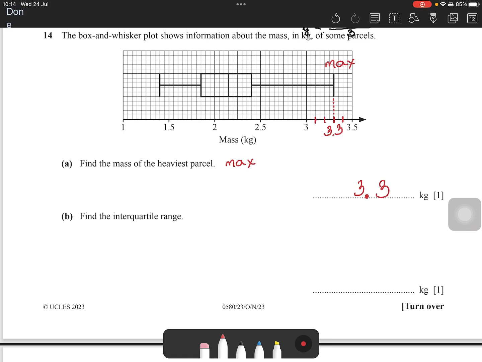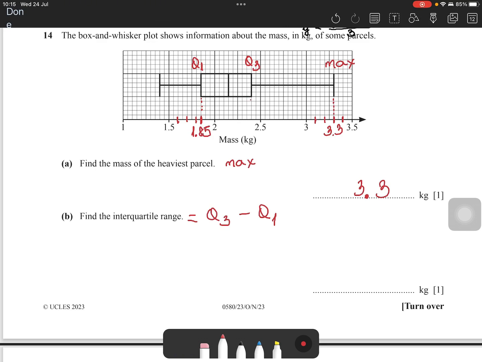B. Find the interquartile range. You know the interquartile range is equal to Q3 minus Q1. Q1 is the lower quartile, and Q3 is the upper quartile. In this case, Q1 is 1.6, 1.7, 1.8, so Q1 is 1.85.